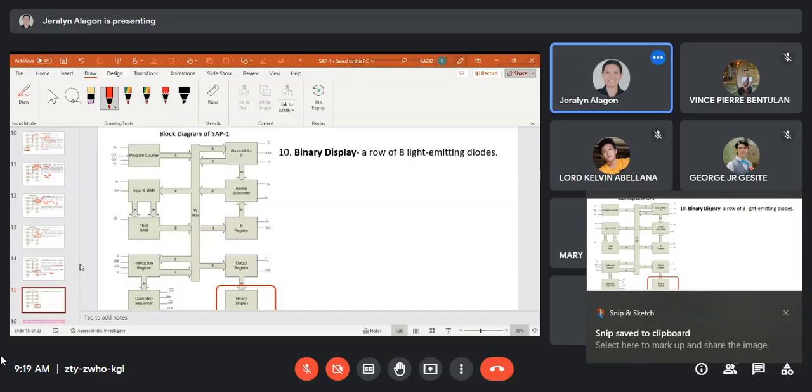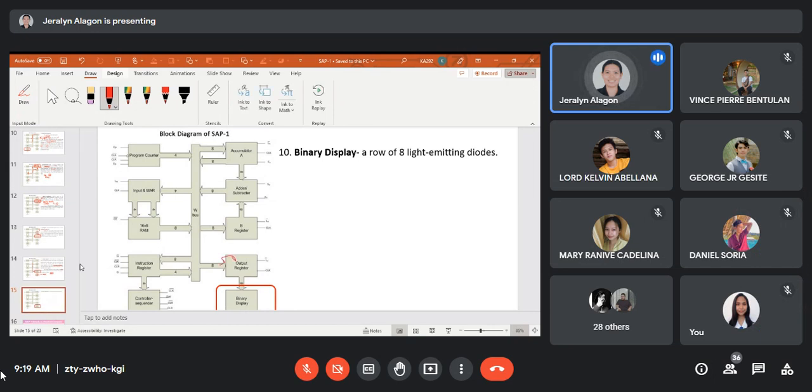So the output is 8 bits. If you noticed, from the accumulator, 8 bits pass through the bus, so the display would also be 8 bits.